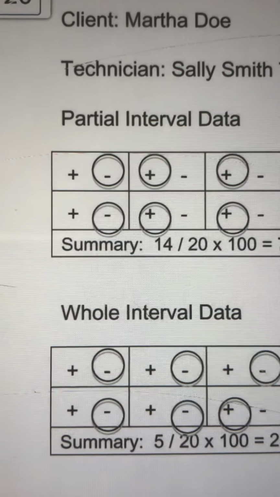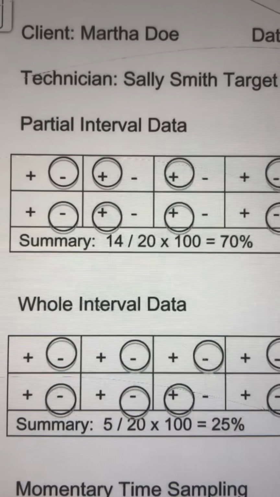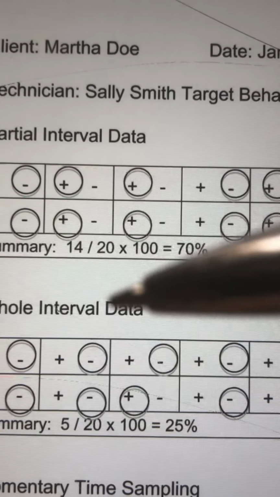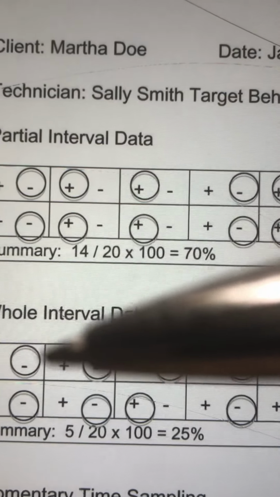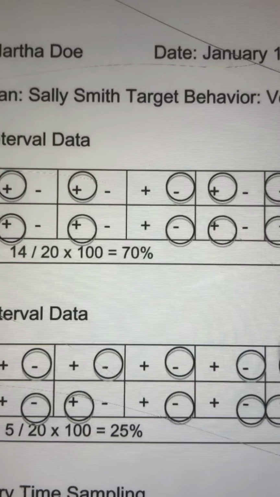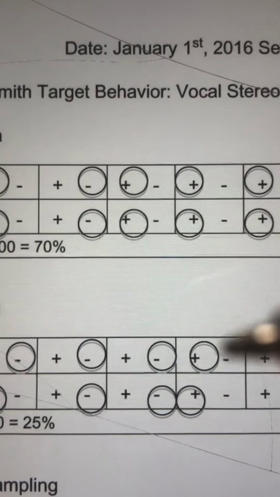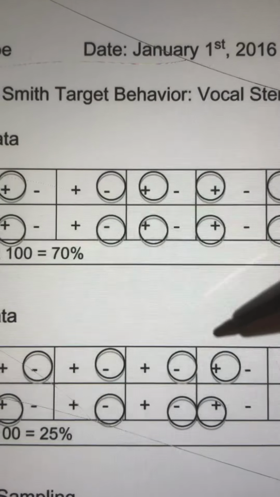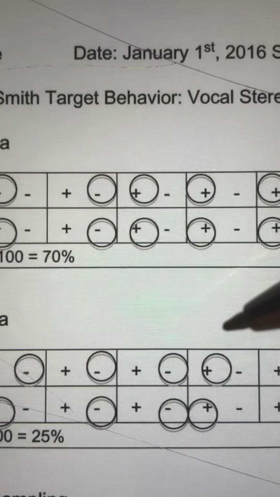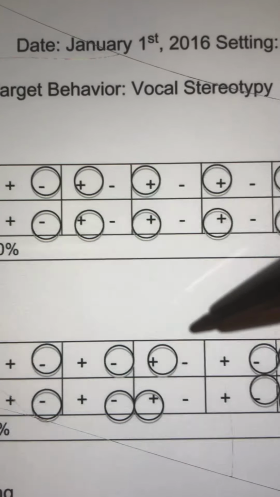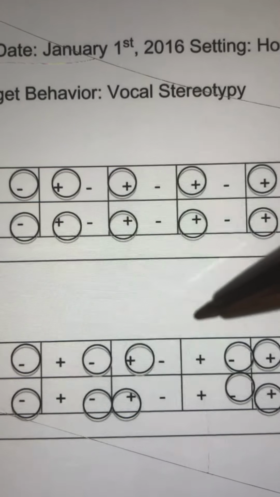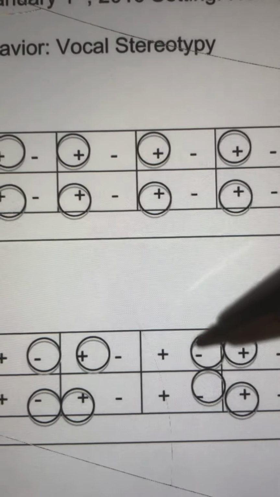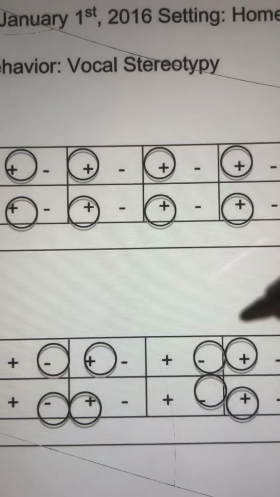Whole interval requires the behavior to be present for the entire duration, then marked with a plus. So if whole interval data, you need a plus if for the entire 5-minute duration the behavior of rocking was done for a complete 5 minutes, and each duration is 5 minutes. If the rocking ends somewhere in that duration period, you would circle a minus.